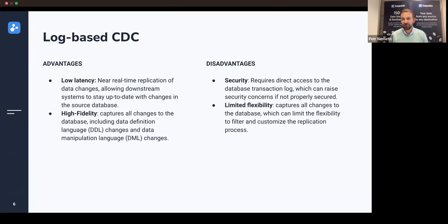So sometimes you are a little more limited in defining what change actually means for you. You have less flexibility when compared to query-based CDC, provided that you don't need to track the deleted rows.